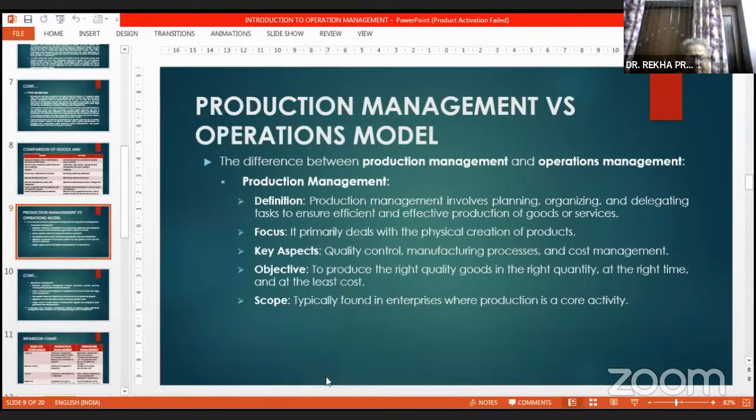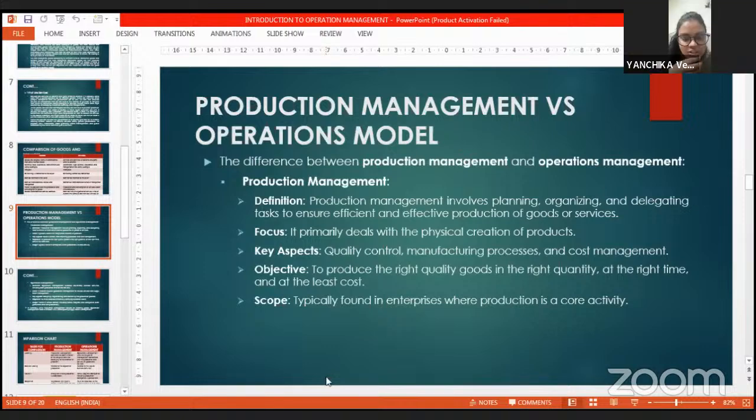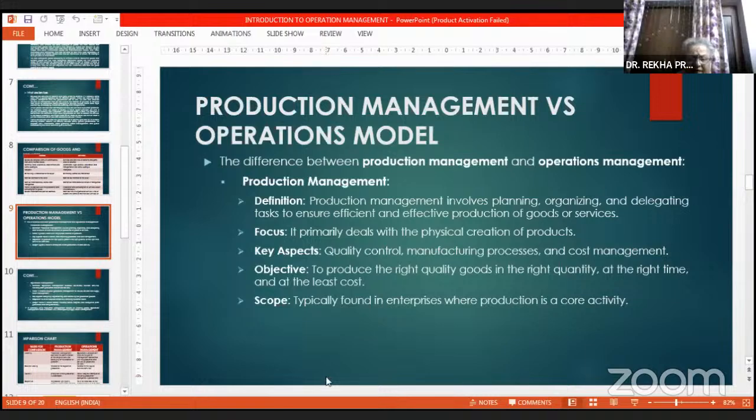Production management versus operations management. The difference between production management and operations management. Production management definition. Production management involves planning, organizing, and delegating tasks for efficient and effective production of goods and services.